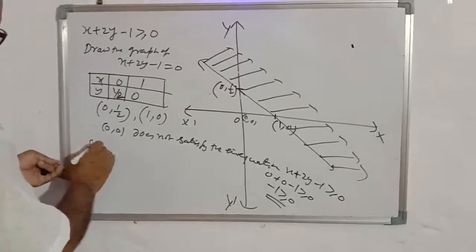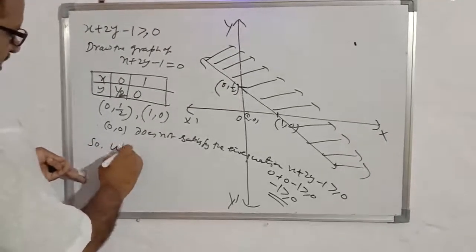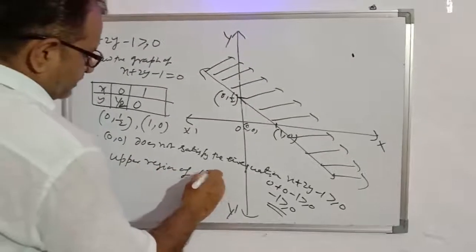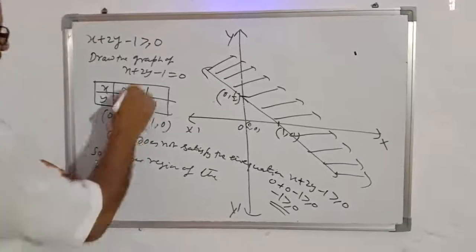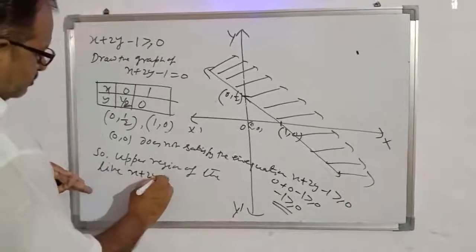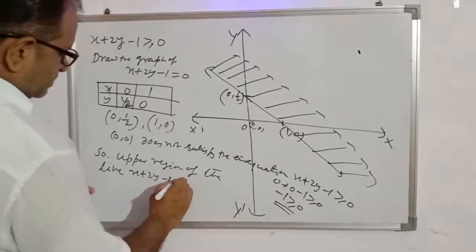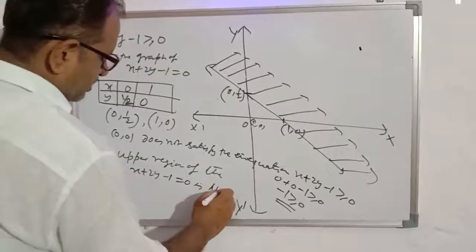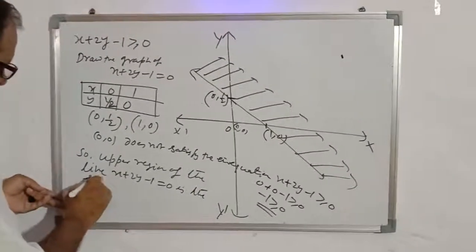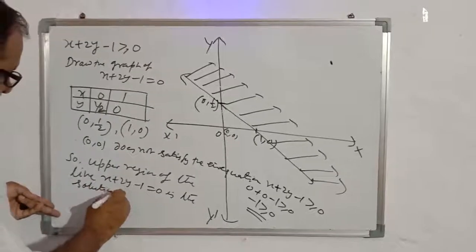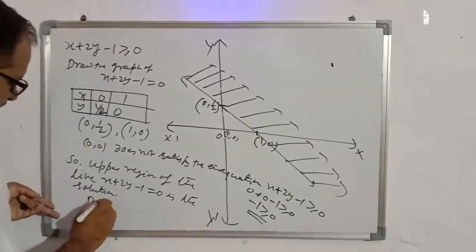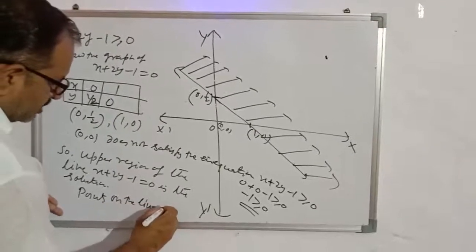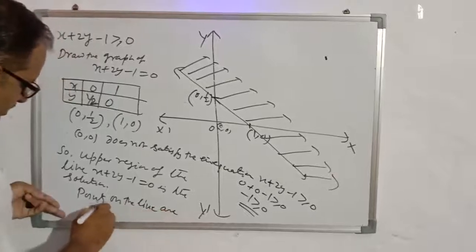So the upper region of the line x plus 2y minus 1 is equal to 0 is the solution, and points on the line are also included.